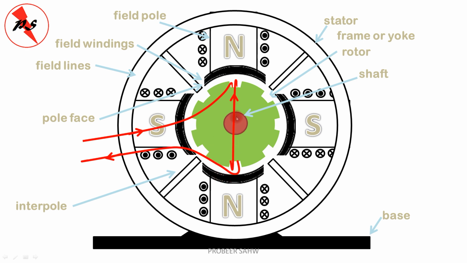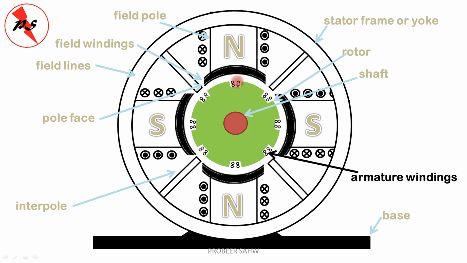Now it will again be very difficult to show this type of winding over the rotor, and it will make our analysis very difficult because the figure will get crowded. So we represent our armature windings like this. There are a number of armature windings in every slot on the outer periphery of the rotor.